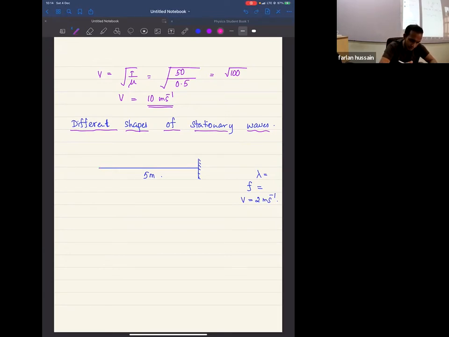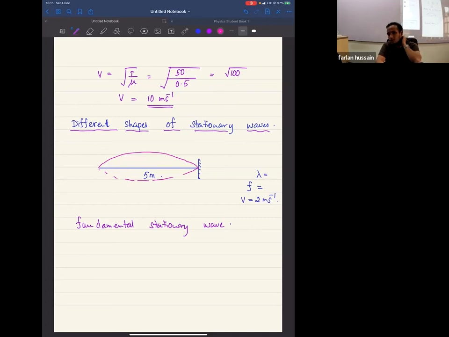So guys, the first type of stationary wave we call the fundamental stationary wave, which has a shape like this. So particles in this string will vibrate like this.